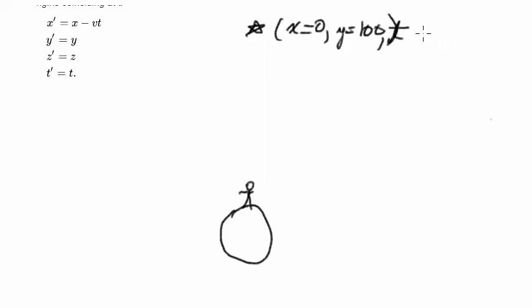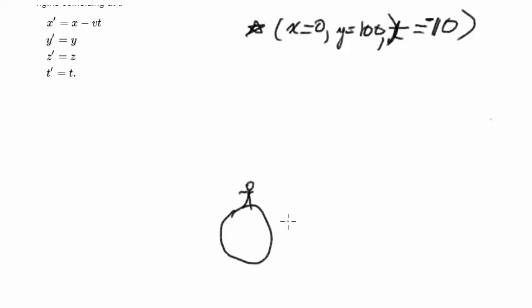Say I'm here on Earth, standing here looking up at the sky, looking at this star at x equals 0, y equals, I don't know, 100, and let's say it was 10 years ago, so I'm going to put negative 10 in here for the time that that light was emitted.